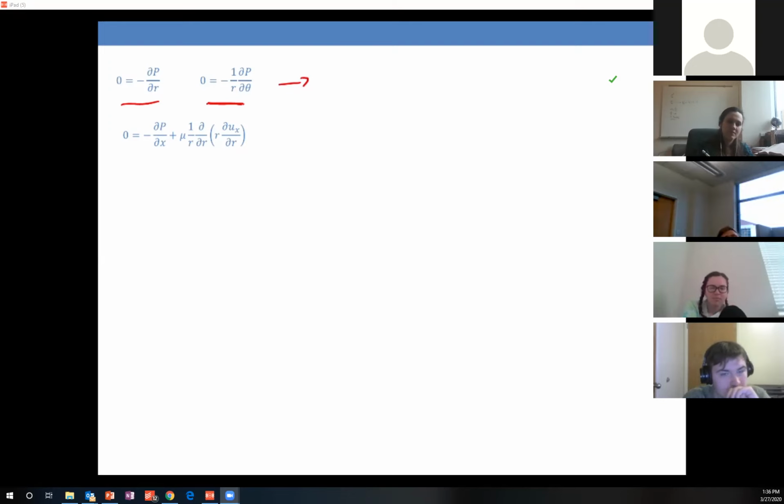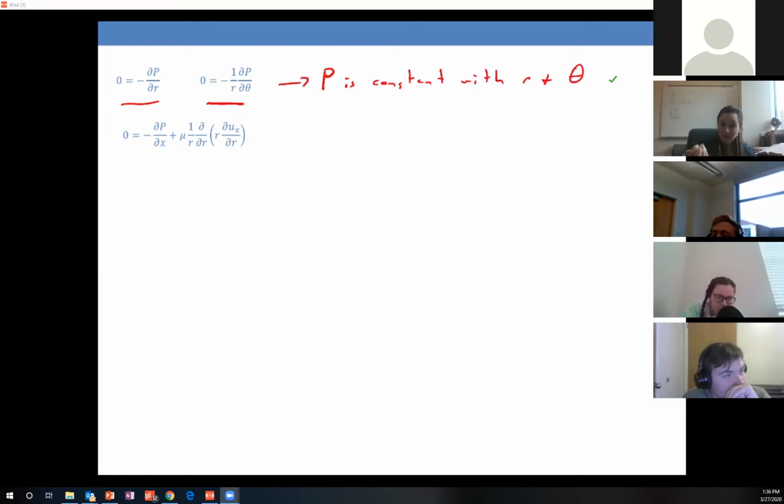Or theta. Pressure doesn't change as you rotate. Yep, pressure doesn't change as you rotate. So pressure is constant with R and with theta because dp dr is equal to 0 and dp d theta is equal to 0. So pressure is constant with R and theta. Cool.